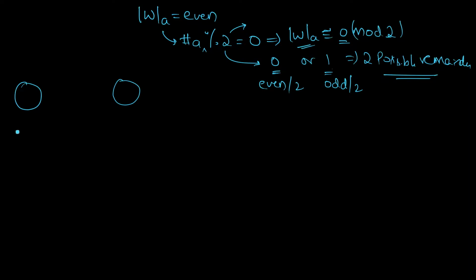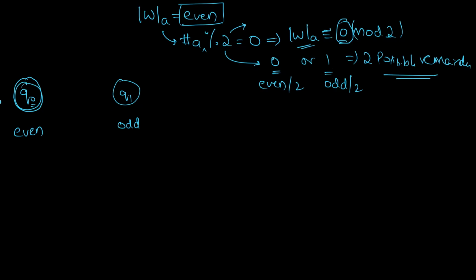One is for recognizing all the even numbers of A's seen so far, and the other is for recognizing all odd numbers of A's seen so far in the string. Since we are concerned only about the even number of A's, that is remainder 0, we will make Q0 the final state, and this is Q1. Q0 is the remainder 0 when we divide the number of A's seen so far by 2, and Q1 is the remainder 1.